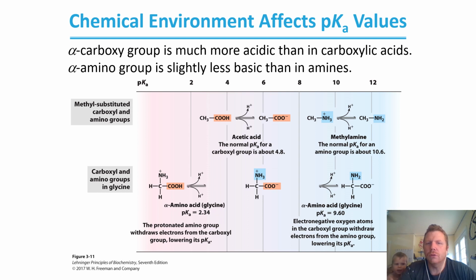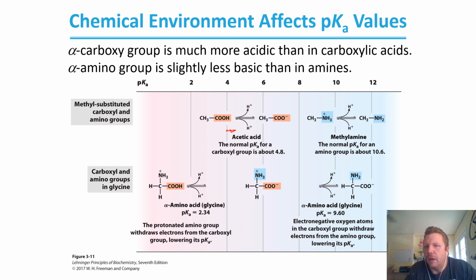Now, this shows a display of different molecules and their pKa's and how those molecules change based on an increase in pH. We've got acetic acid right here. The normal pKa for a carboxyl group is about 4.8.